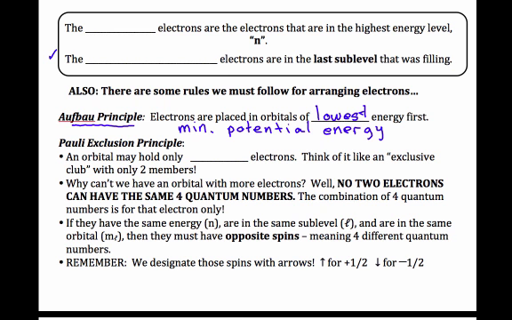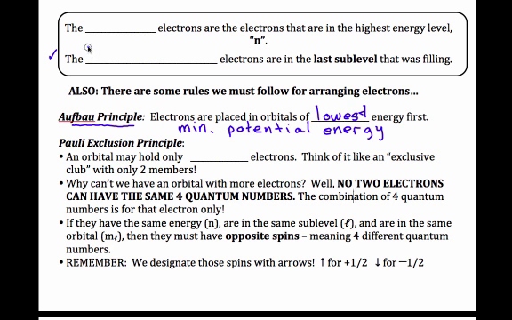It's kind of like people who tend to want to be in the back row at sometimes churches or in meetings. And so there's only so many people who can fit in the back row. So people start filling in the back row, and then they have to move forward because they can't sit in each other's lap. So electrons go as low as they can until they're just forced to go into a higher energy. That gives us this principle.